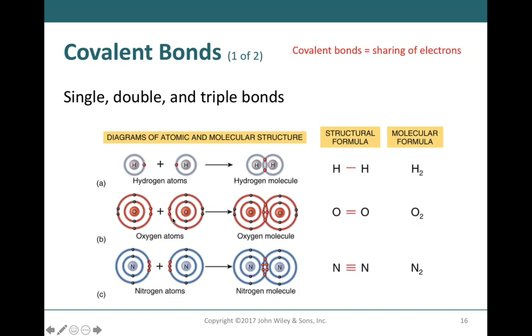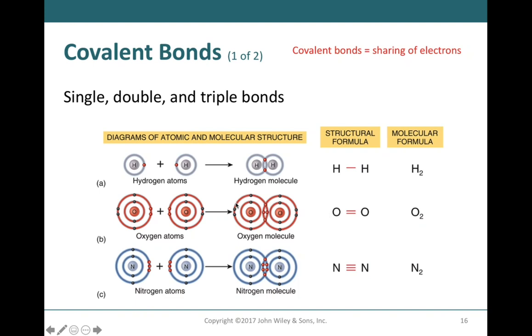You can count these: 1, 2, 3, 4, 5, 6, which means that this oxygen is going to want 2 more electrons. At the same time, this oxygen is going to want 2 more electrons. So they can come together and share 4 electrons between the 2 of these. So we can count up the valence shells here: 1, 2, 3, 4, 5, 6, 7, 8. That's going to fulfill the octet of both of these oxygens because both of these will now have 8 electrons in their valence shell.